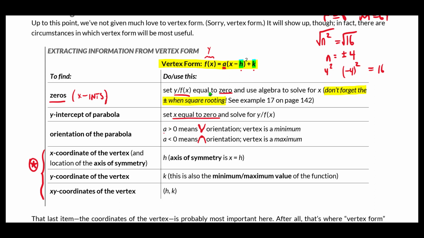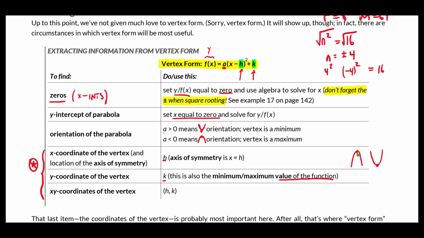So basically, if we're looking at something in pure vertex form, all we need to do is find out what is in the h position and what is in the k position, and we will know where our vertex is. Now keep in mind that when it comes to all functions, when we're talking about the value of the function, we are talking about the y value.